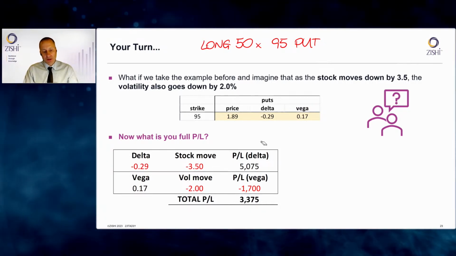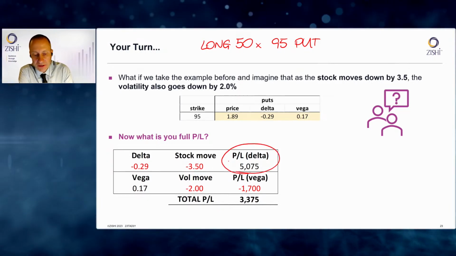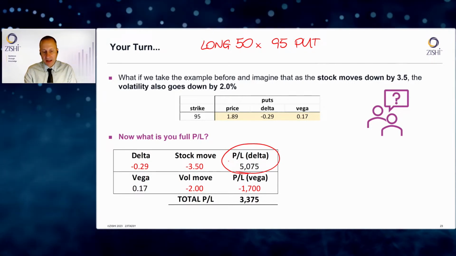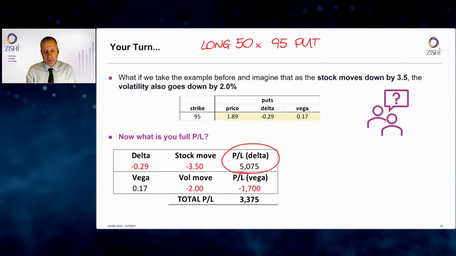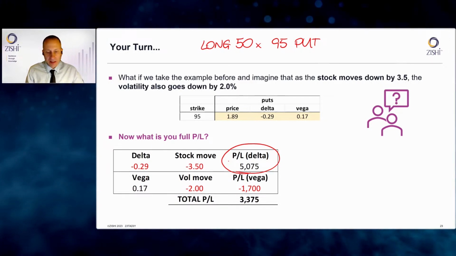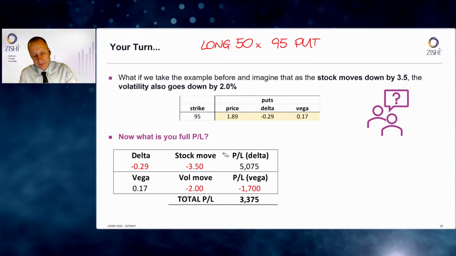So we can calculate our combined effect. This is the 5,075 real that we calculated on the previous slide. That's the effect due to delta. So that's telling me that the stock movement down of 3.5 real has increased my P&L by 5,075.